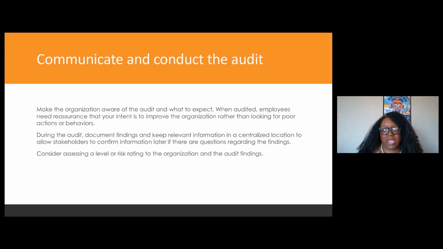So understand how you're going to communicate the findings. And right now there is no level assessed. There's not a national level of, you're an A+ organization, et cetera, yet. That's probably coming down the pipeline. But I think that finding a way to help people understand what your level is a smart way to communicate with stakeholders.